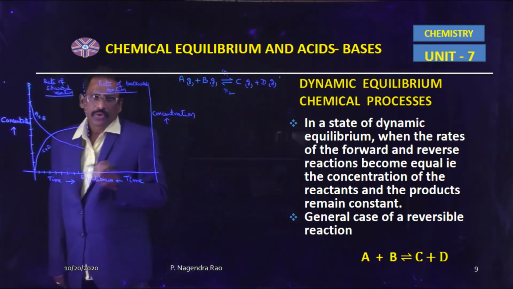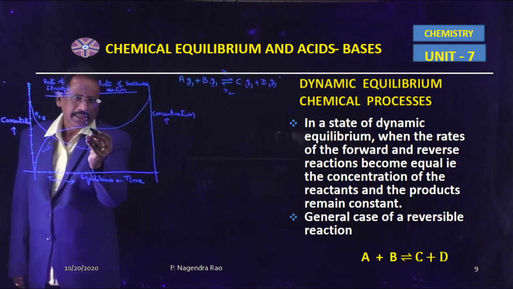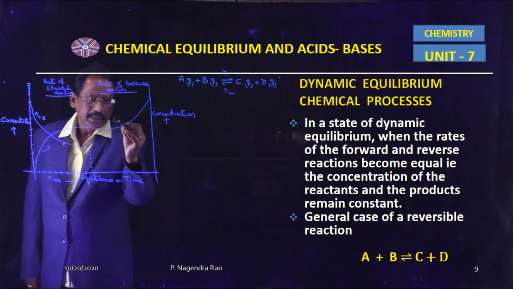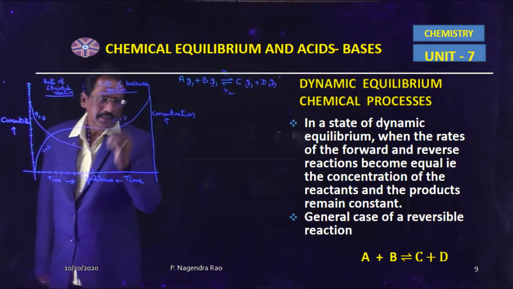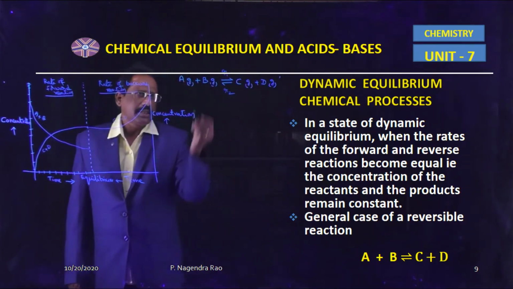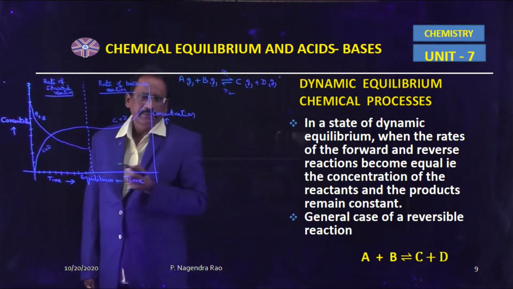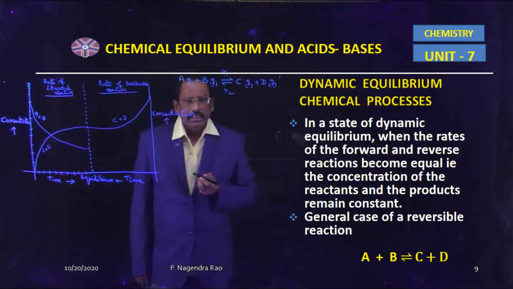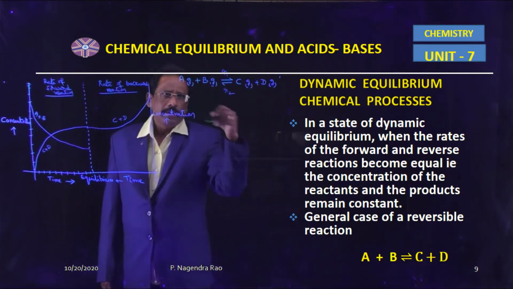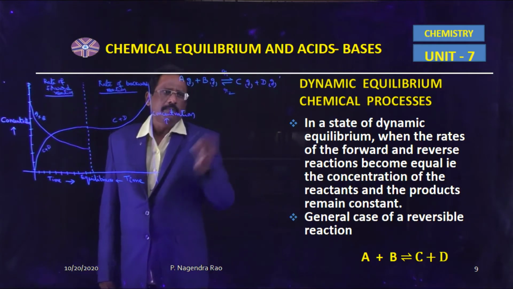So slowly, with respect to time, the concentration of C and D decreases in the backward reaction. This is forward reaction and this is reverse reaction. That's why this whole process is a reversible process.